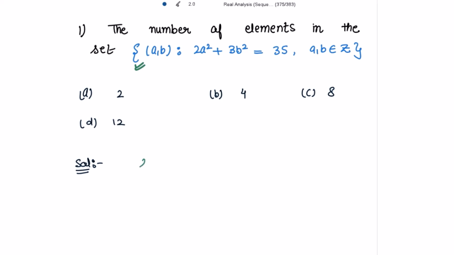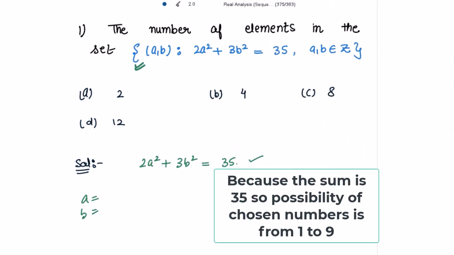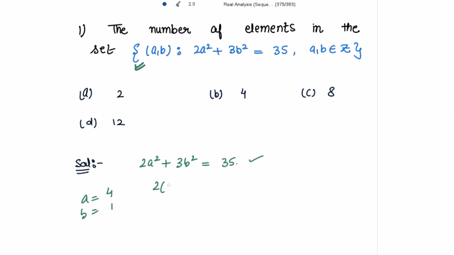Let's write the equation: 2a² + 3b² = 35. We need to search the values of a and b such that this equation holds. We can take a to be 4 and b to be 1. If I put 4 in place of a, I get 32 plus 3 into 1 squared, which is 1.